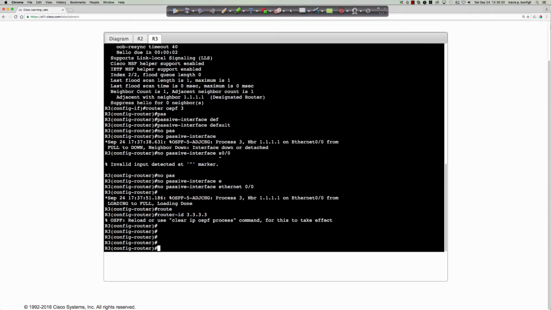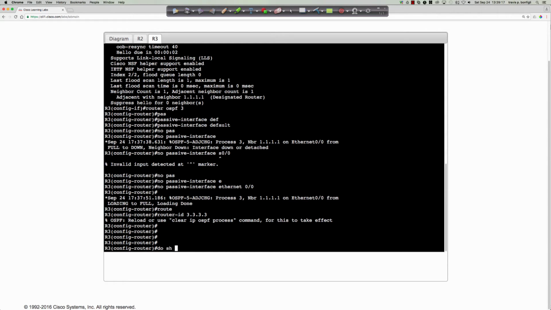And so that's why this value is so critical and why it's going to force me to clear the OSPF process, because what's going to take place behind the scenes is OSPF is going to be generating some link state information that it's going to then re-advertise to everyone in the same area so that everybody knows that I am now router ID 3.3.3.3.